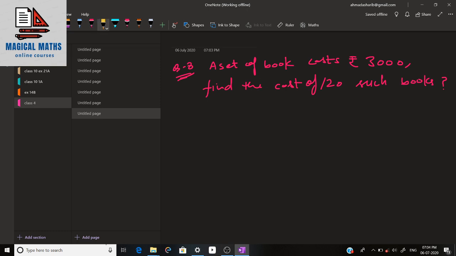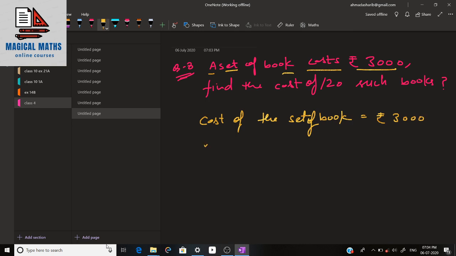What you have to do, just first write whatever the information which is given in this question. So what information is given? A set of books which costs 3000. So you just write cost of the set of books is equal to rupees 3000, and how many sets of books you have to purchase?